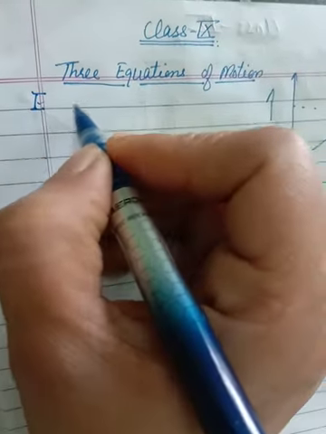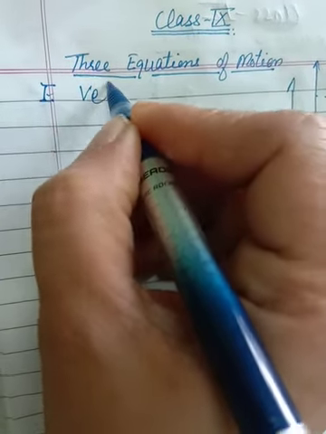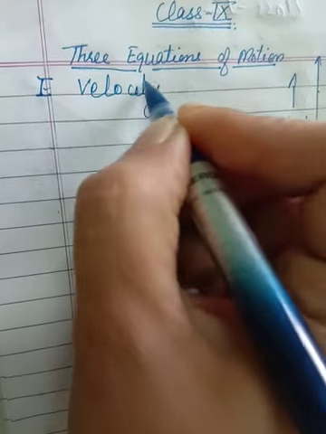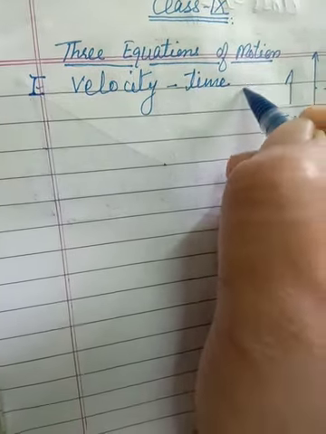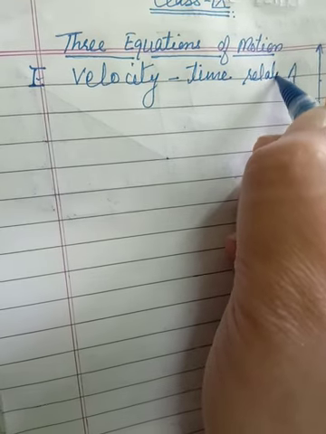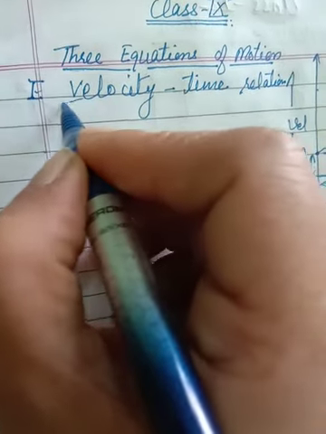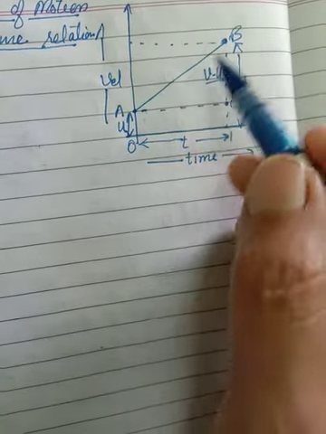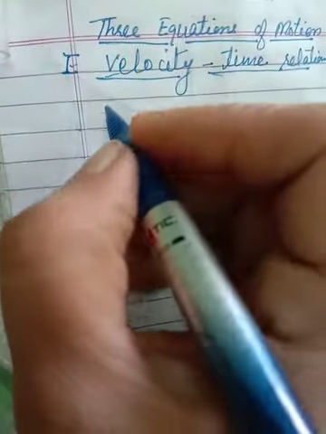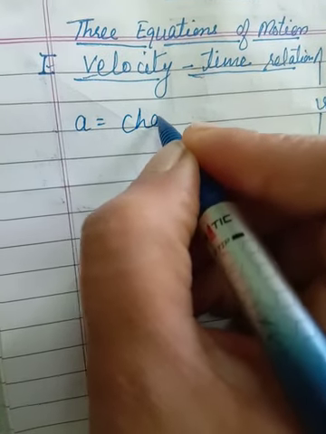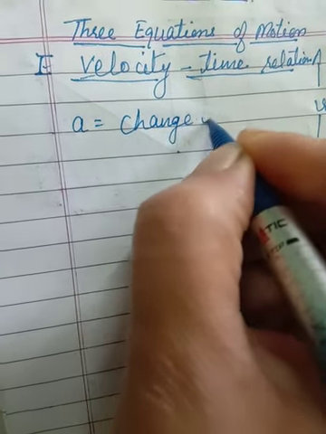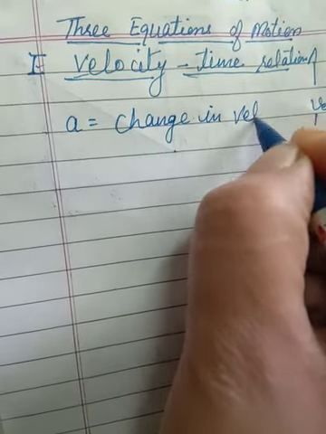The first equation of motion is also called the velocity time relation. Since it is accelerated motion, we can say that acceleration a equals change in velocity per unit time.